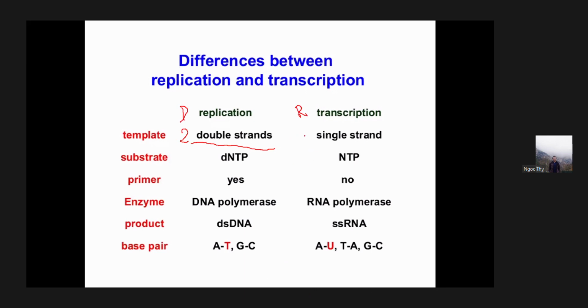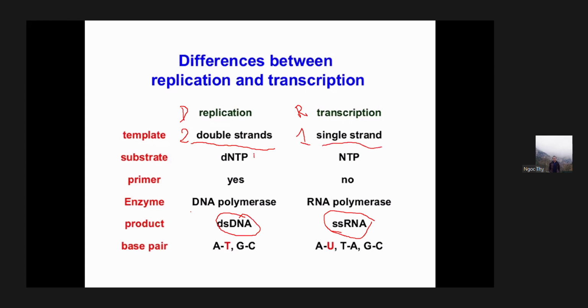And in transcription, only one strand is used as a template. So the product of DNA replication is double-strand DNA because it uses both strands as templates, and here it is a single-strand RNA because only one strand was used as a template.